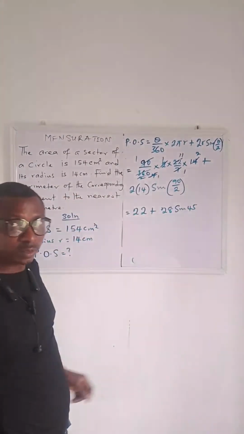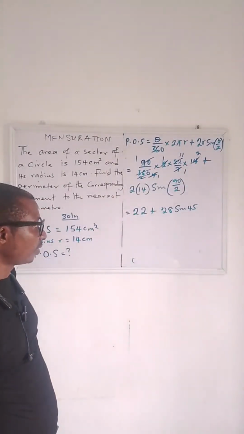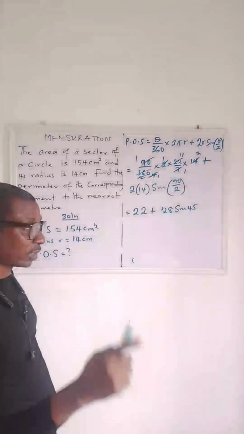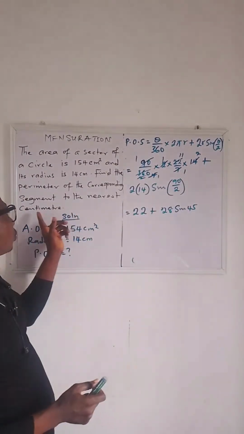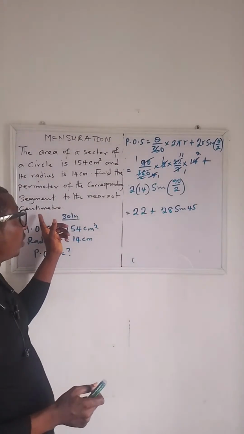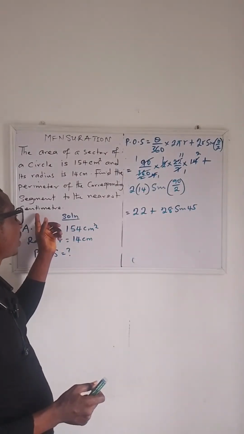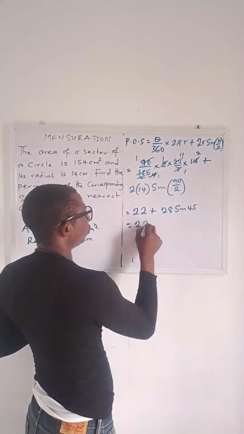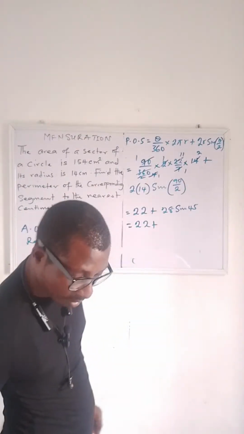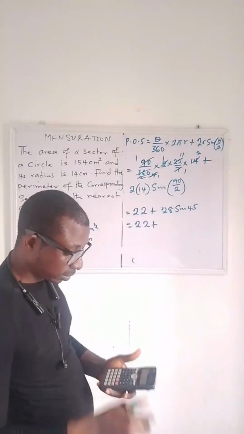So you can punch your calculator and get what sine 45 is. It's the same thing as square root of 2 over 2. But since the question wants us to express it to the nearest centimeter, it must be in decimal form. So we have 22 plus, now what do we have for sine 45?